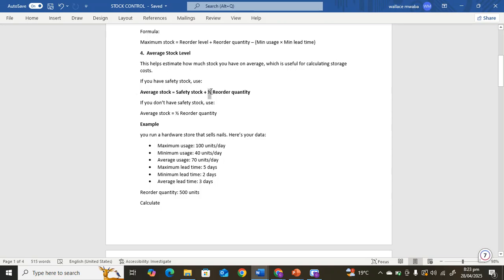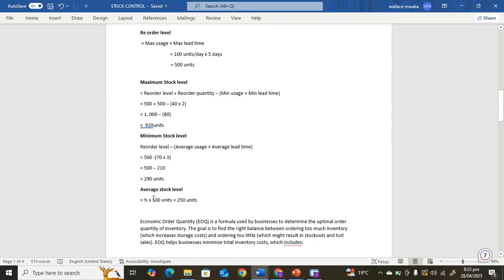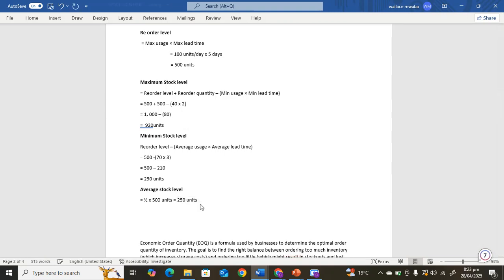So average stock level is just half of the reorder quantity. Our reorder quantity was 500 nails, so half times 500 is 250 nails. That's the average number of nails we're expected to have.